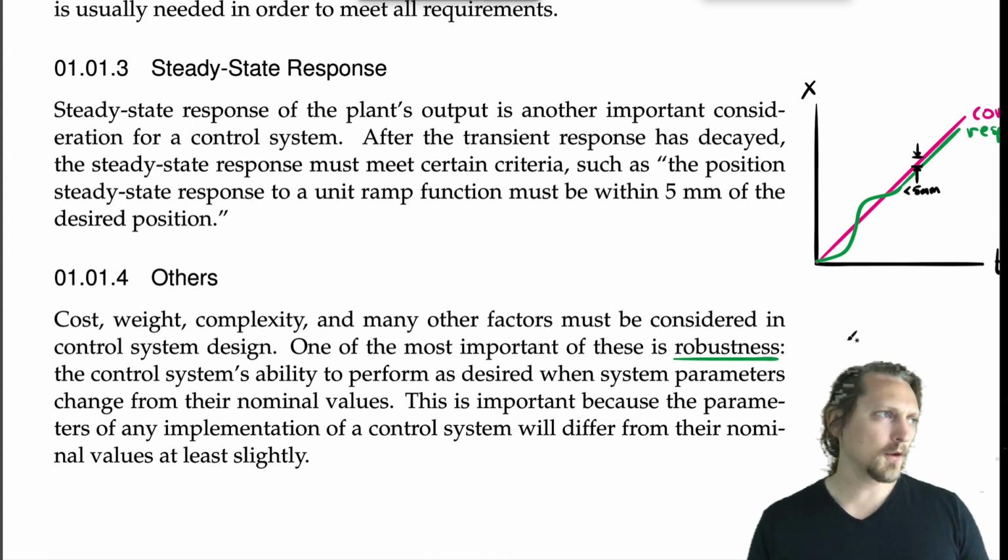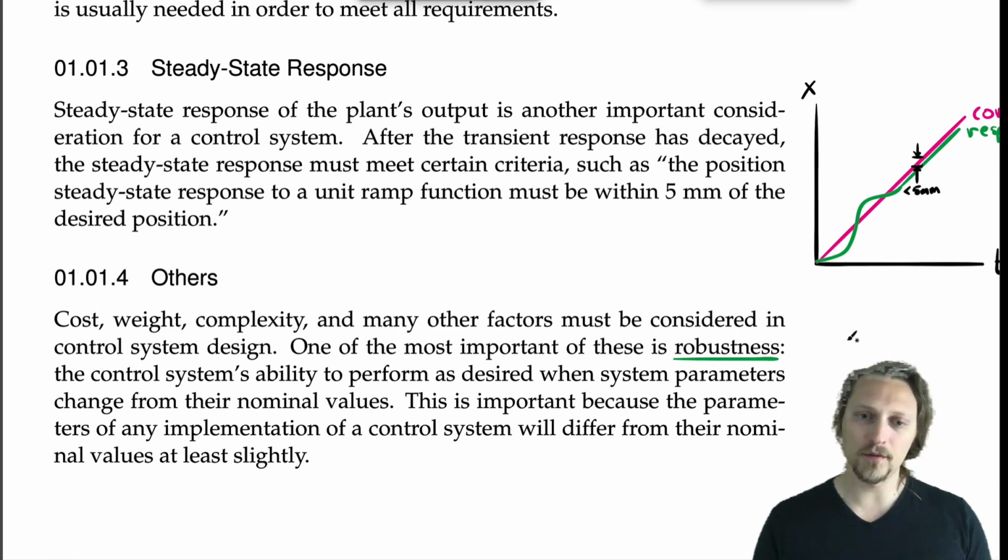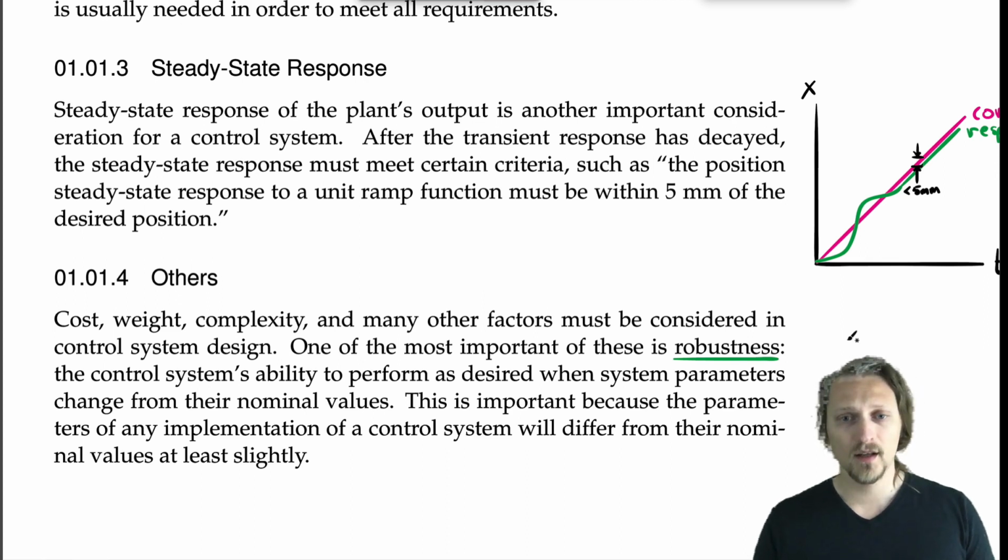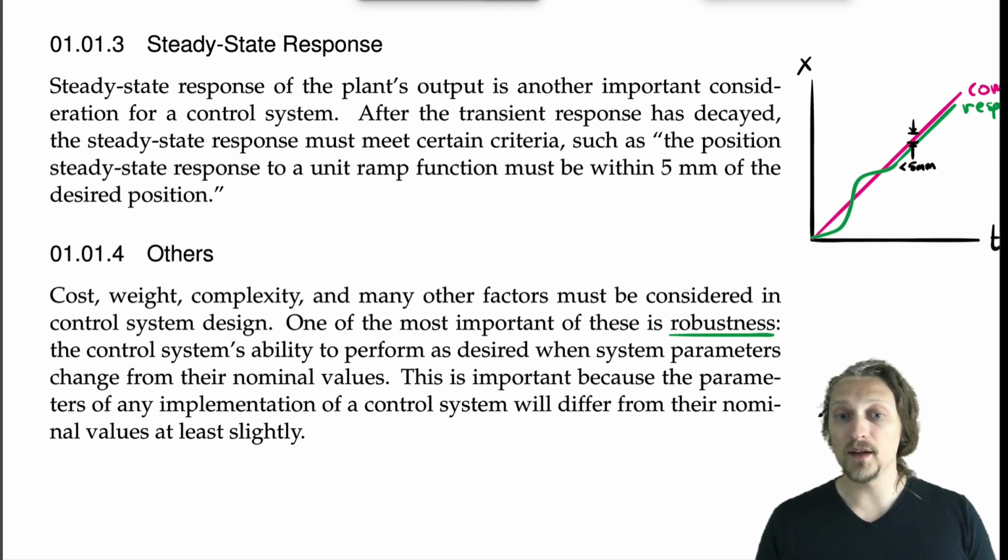So if your control system works great for a system that has a certain, say, damping coefficient, but then maybe there's some wear and tear on the parts, and then the damping coefficient changes a little bit, and your control system stopped working well at that point, it would not be very robust. If it was able to still work well when those parameters changed slightly, which they frequently do in most real systems, then it would be considered robust.